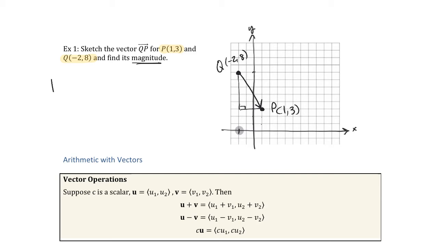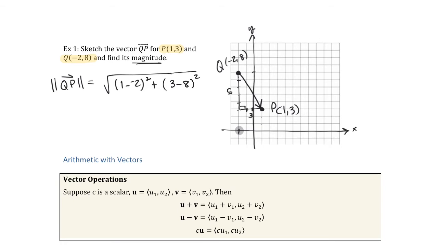So the length of QP is, just based on our Pythagorean theorem, we have the difference in our x's, 1 minus -2, and I could just have counted that out as well. That's 3. And then the height, that would be the difference between the y values, so 3 minus 8 quantity squared.